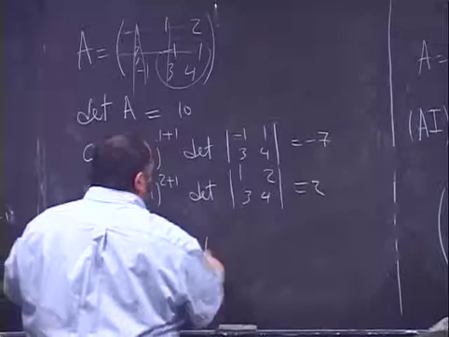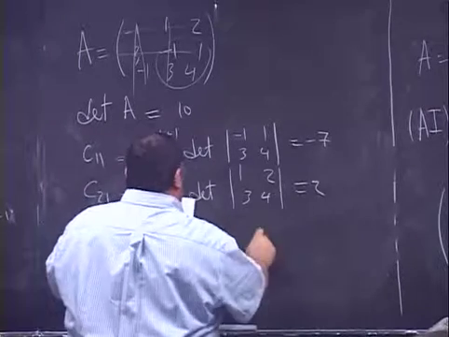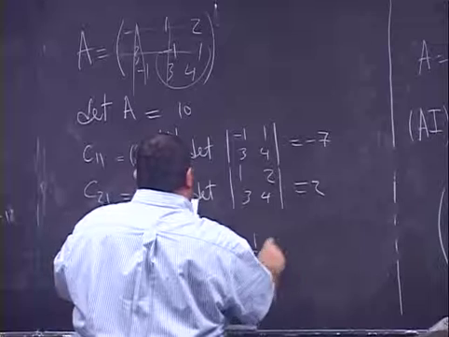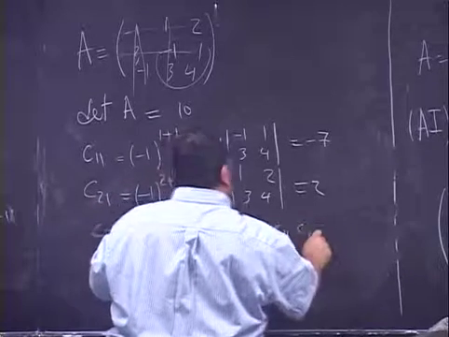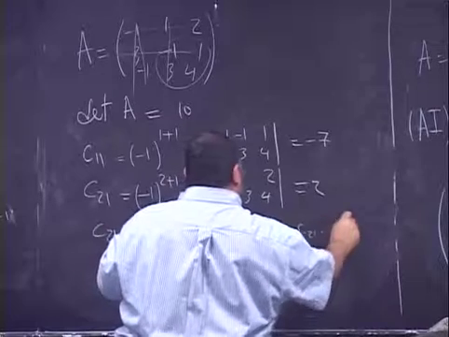Then you will solve for A^-1, and this will be 1 over the determinant of A multiplied by C11, C21, up to C31, and so on.